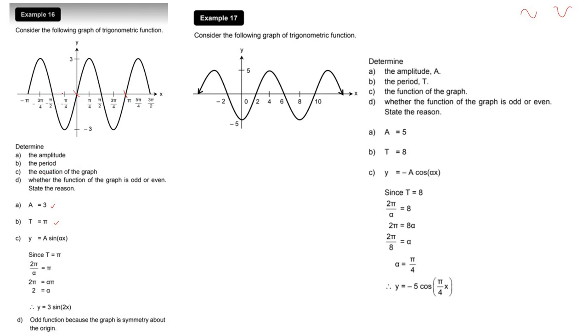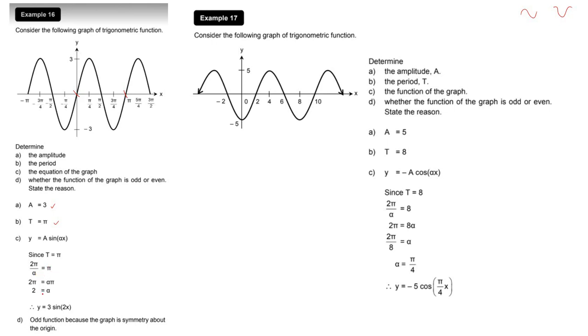The equation of the graph. Okay, we already determined this is the graph of sine x. So y equals a sine alpha x. A, we know amplitude equals 3. To get alpha, we can get it from the period, because to find period, 2 pi over alpha, and period is pi.